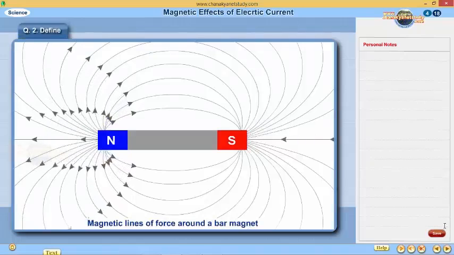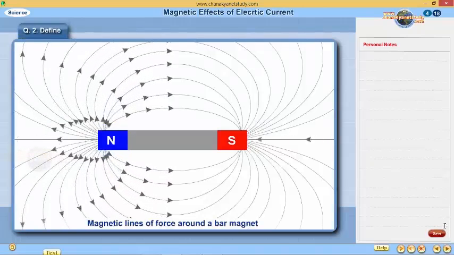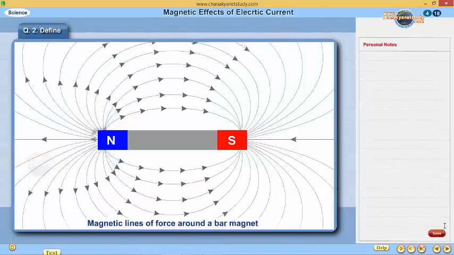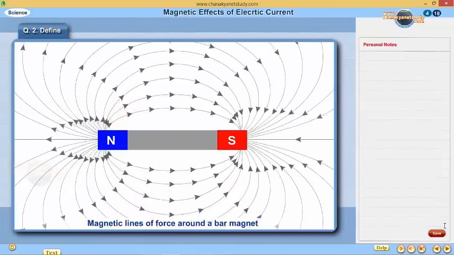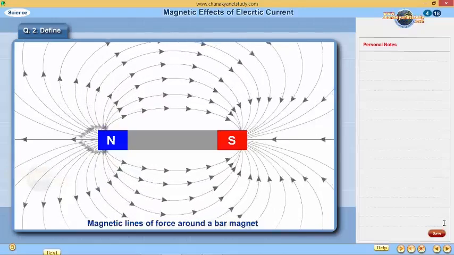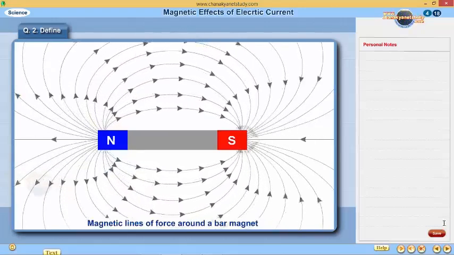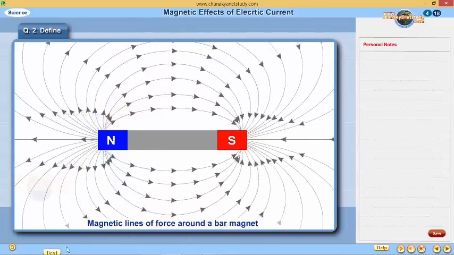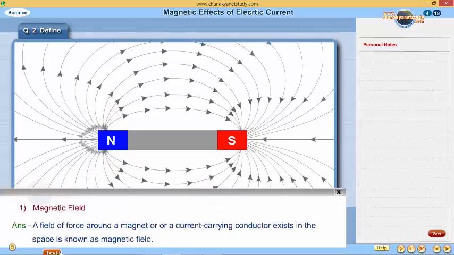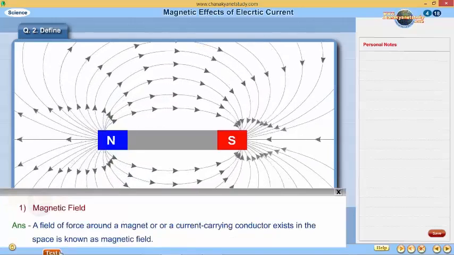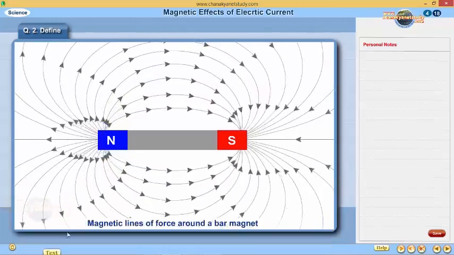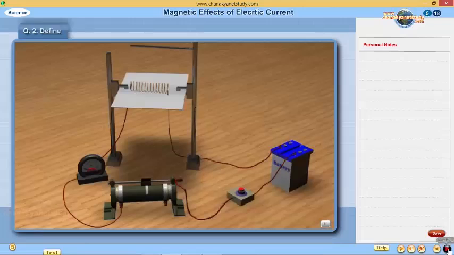Question number 2. Define. 1. Magnetic field. Answer. A field of force which exists in the space around a magnet or a current carrying conductor is known as magnetic field. Number 2. Solenoid.